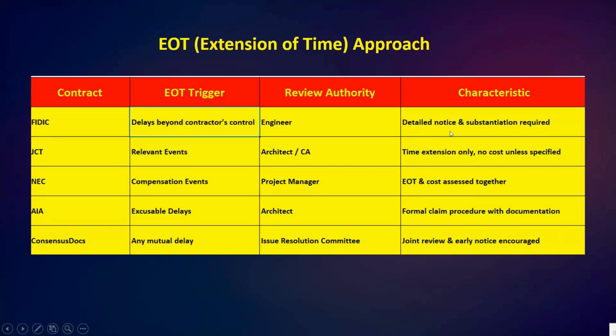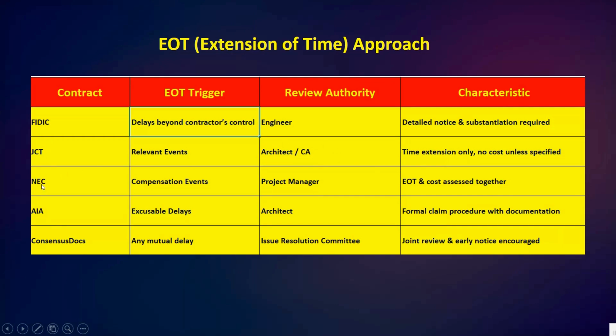Next we have JCT. JCT uses the term relevant events, where the architect or contract administrator reviews the time extension request, and usually it is time only; cost is separate.